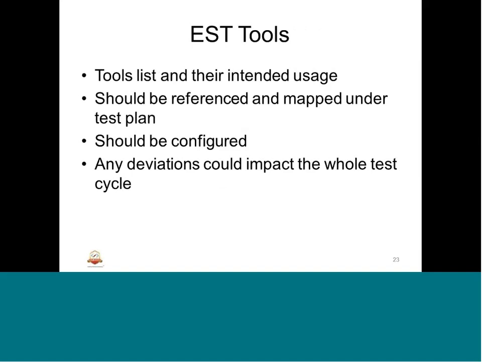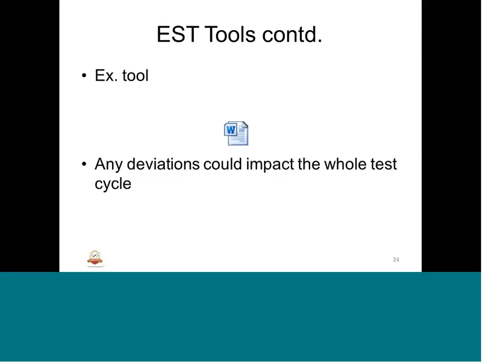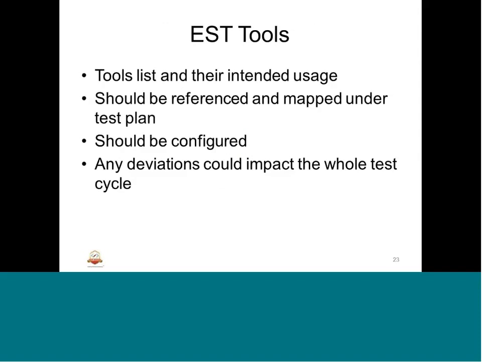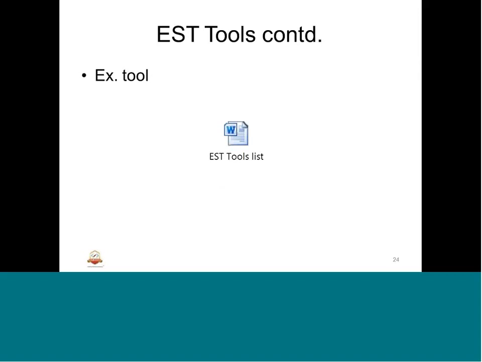This should be mapped with the test plan. And for embedded software tools, we have seen an example: what the tools are, what information should be used for listing them out and how to use it, and any changes over the period of testing have to be taken as a deviation.